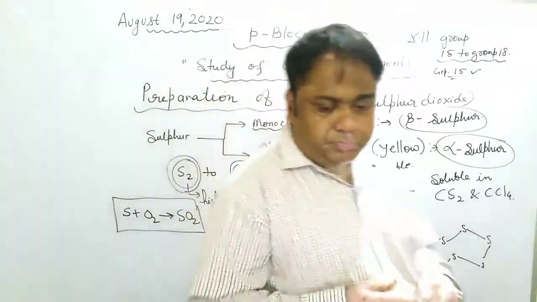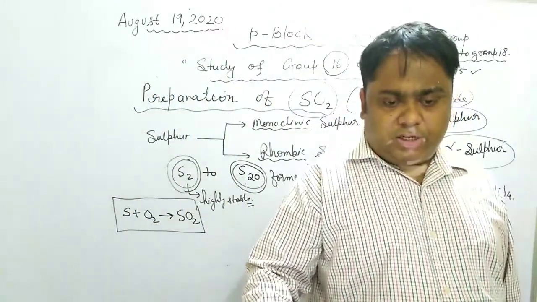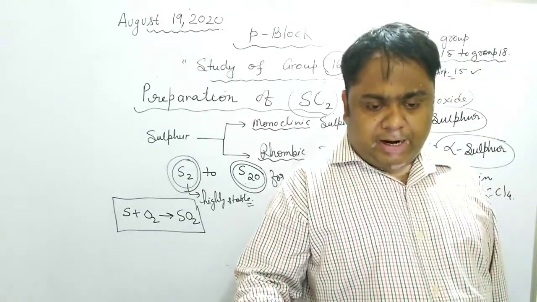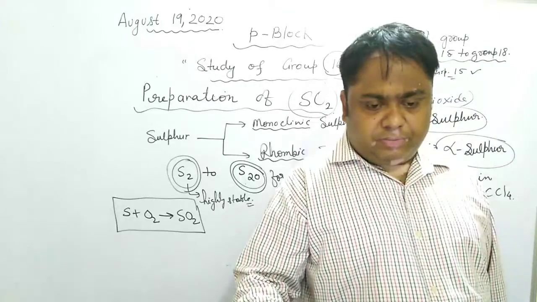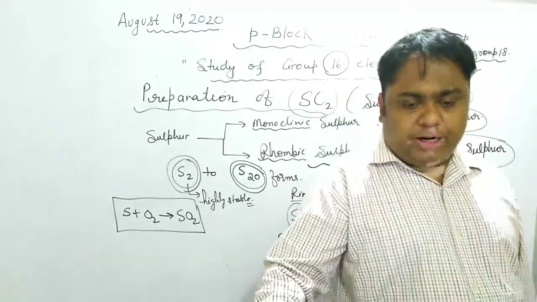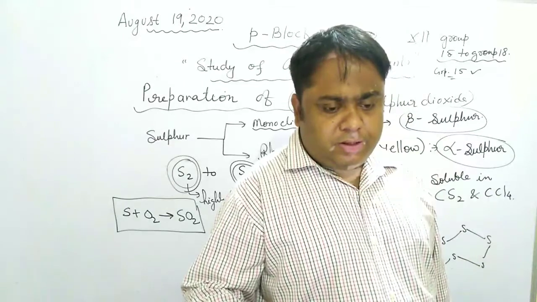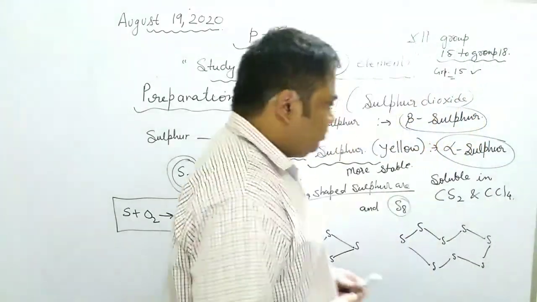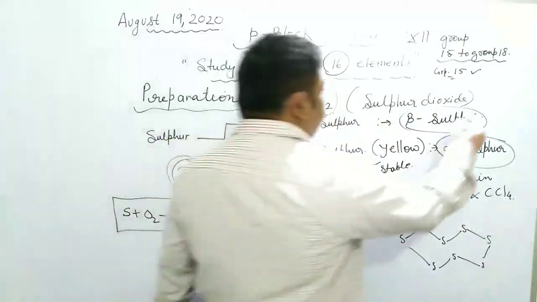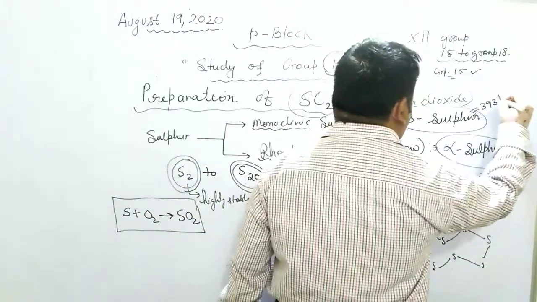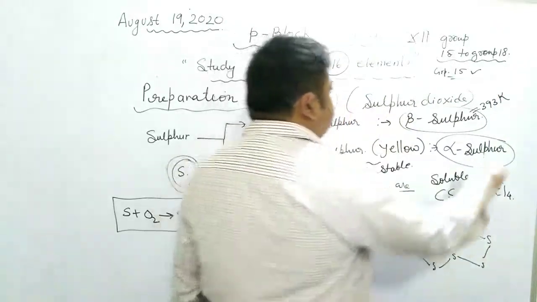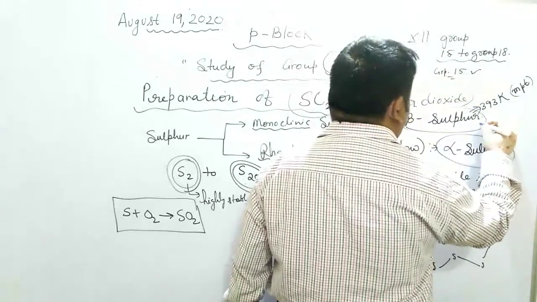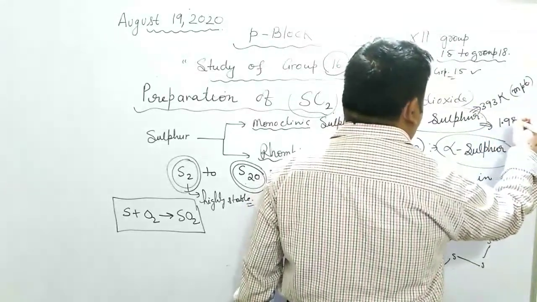Okay. Some micro level things which require to be marked are the melting point and specific gravity of beta sulfur. It has 393 Kelvin as melting point and specific gravity is 1.98.